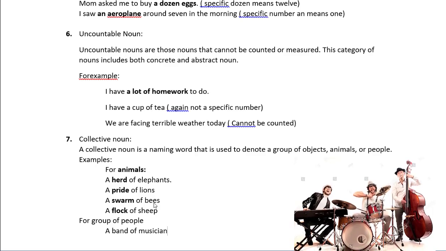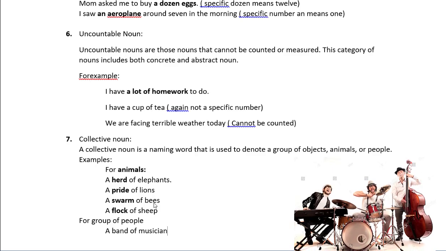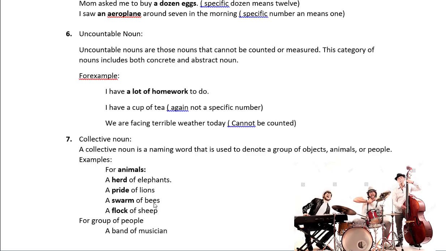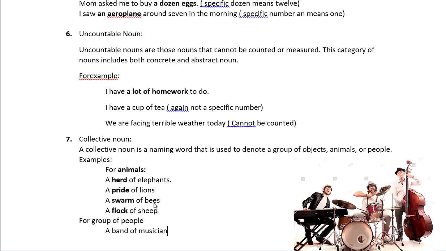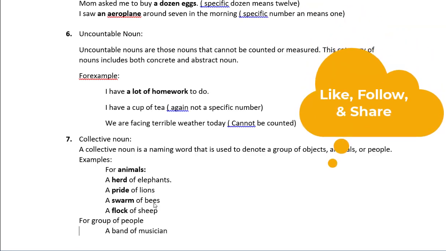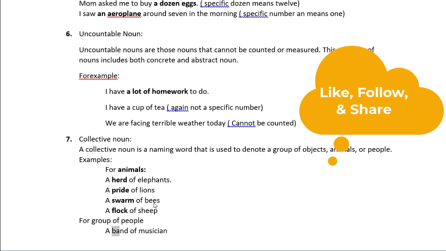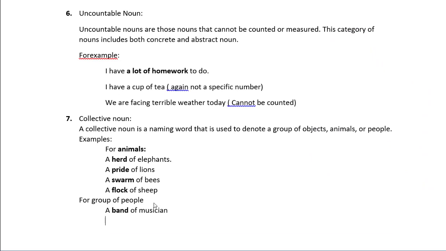For example, you have heard about Coke Studio, where some are sitting for the band, some for the music amplifier. So these are a group of people sitting side by side and doing their own work for a single thing, that is music. So here a band is the group of people who are sitting for the purpose of music.